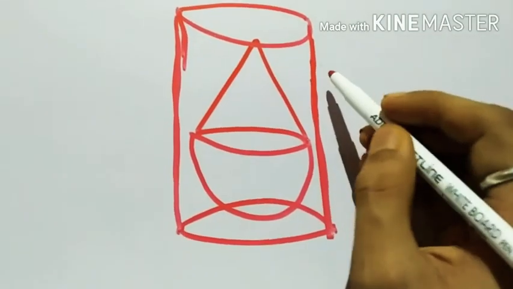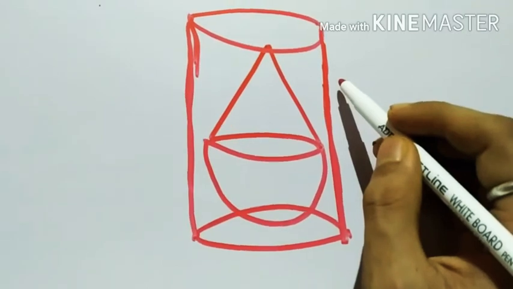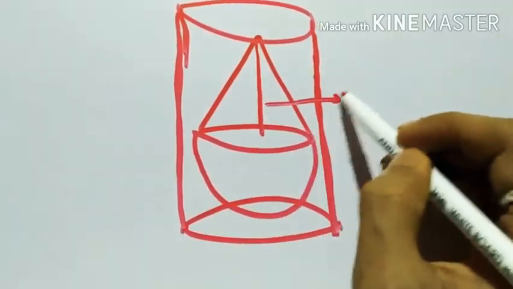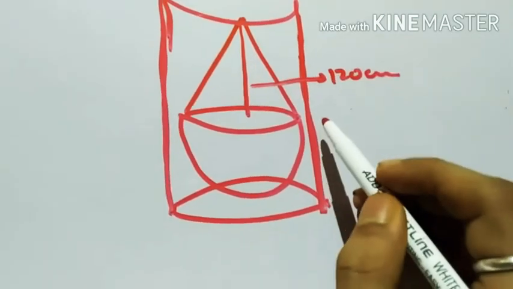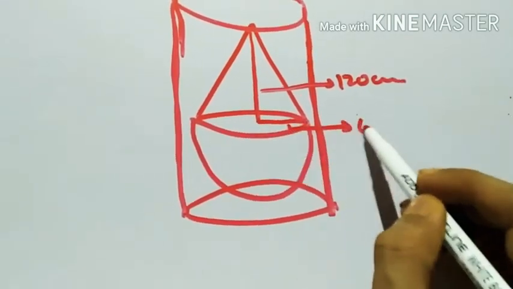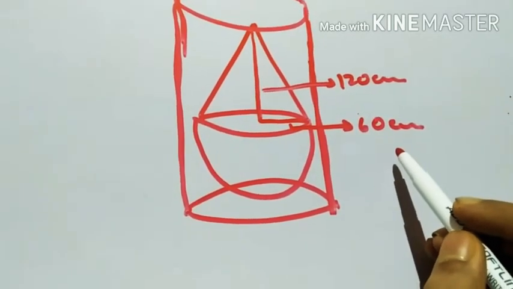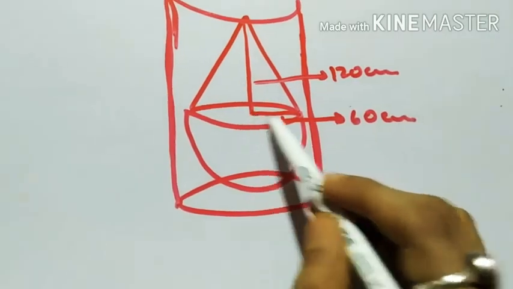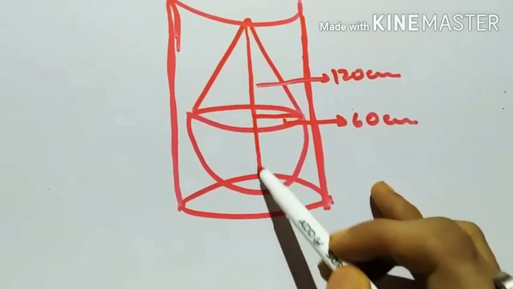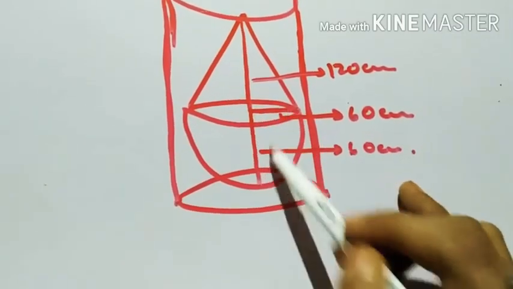So it is given that the right circular cone has height 120 centimeter and radius 60 centimeter, standing on a hemisphere of radius 60 centimeter. The radius of the hemisphere is also 60 centimeter.